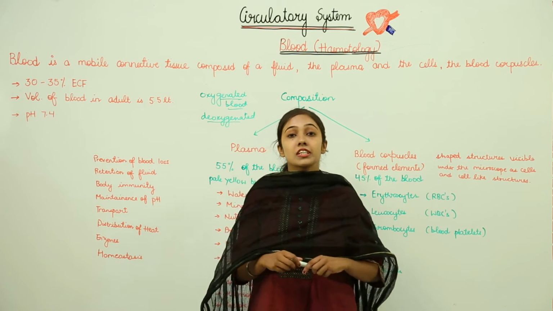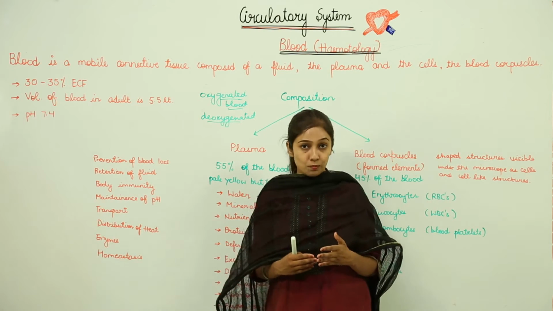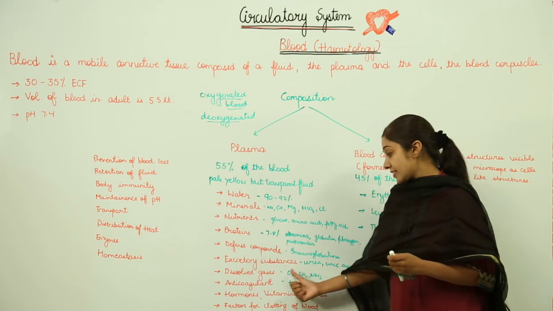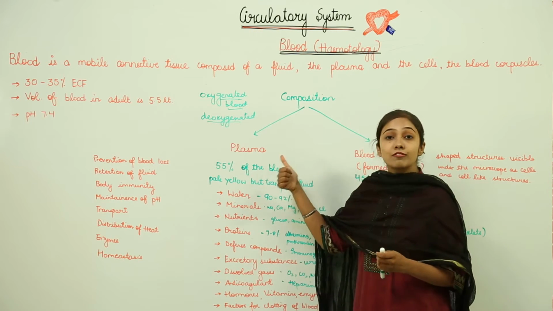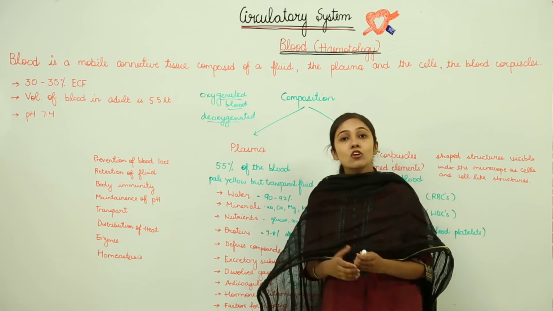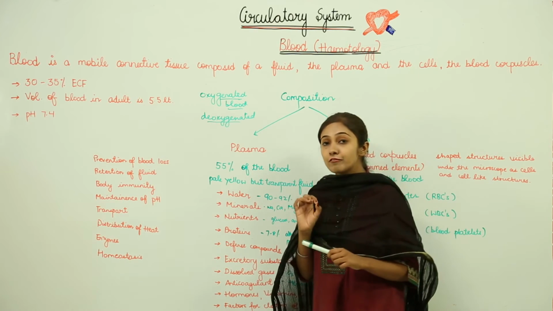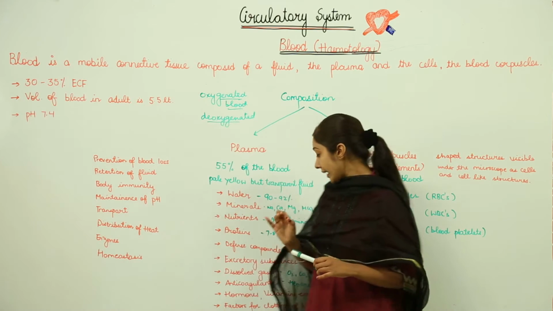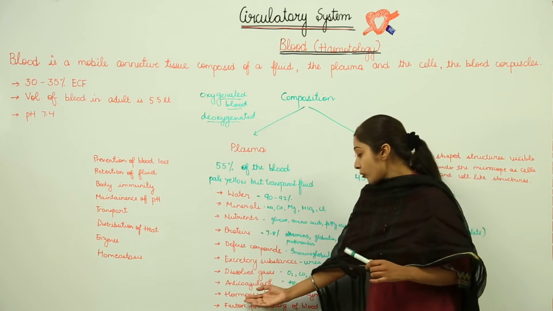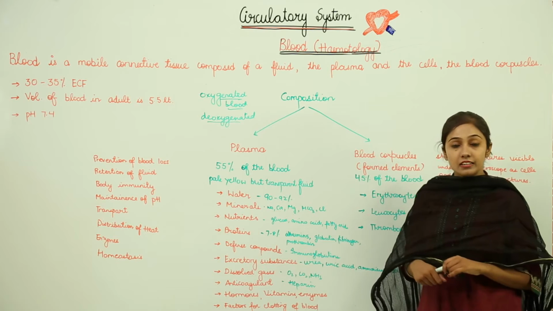This heparin, which is an anticoagulant, has a very important role to play, and this role is of vital importance for all of us. So this plasma, the fluid, also has the anticoagulant. Remember the name, very important name, that is heparin. Then we have hormones, vitamins, and enzymes that are there in the plasma.